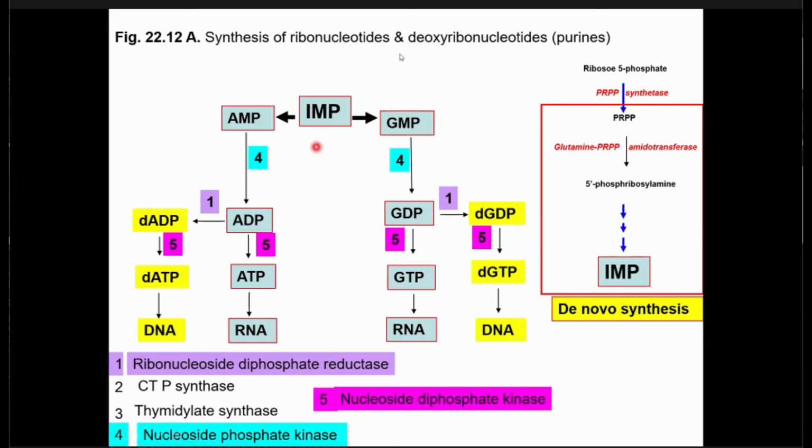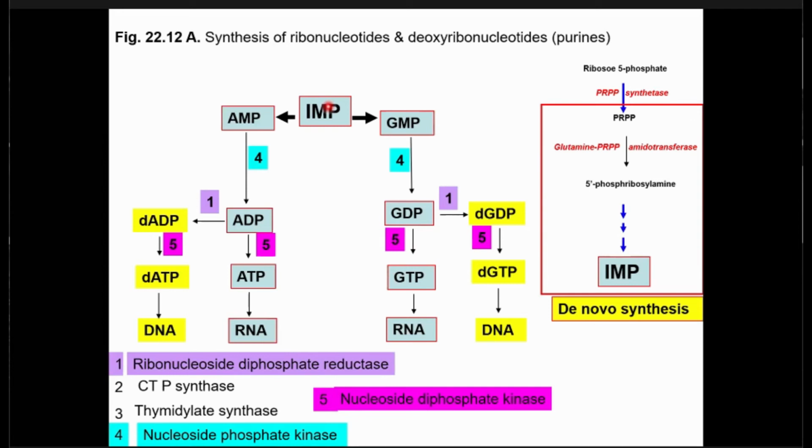This is an explanation of how ribonucleotides are converted into deoxyribonucleotides. As we mentioned early on, when we looked at purine synthesis, at the end of the 10 reactions or so, we end up with inosine monophosphate, which is the parent molecule.